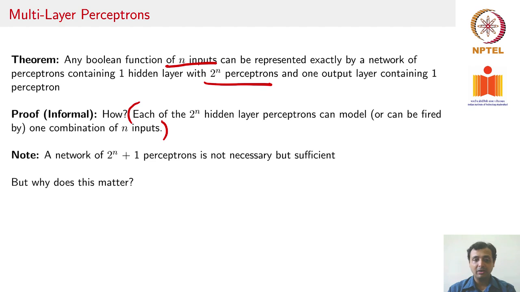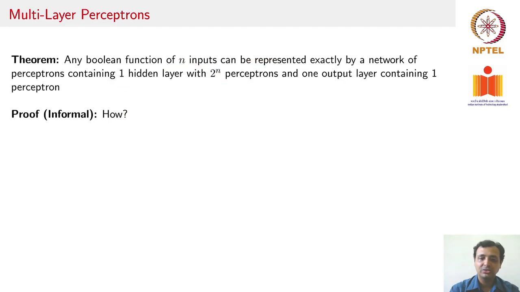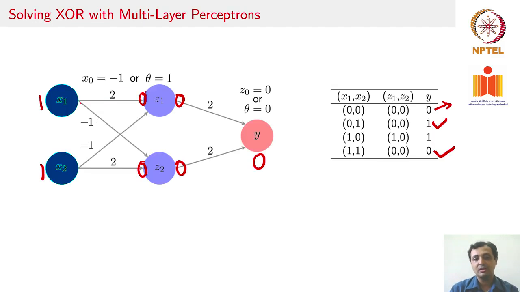But one thing to keep in mind here is, while we say that any Boolean function can be implemented by a hidden layer with 2 power n perceptrons, this is sufficient but not necessary, which means you could solve a problem with less than 2 power n neurons too. For example, we just now saw the XOR problem, which we solved with a hidden layer with just 2 hidden neurons.